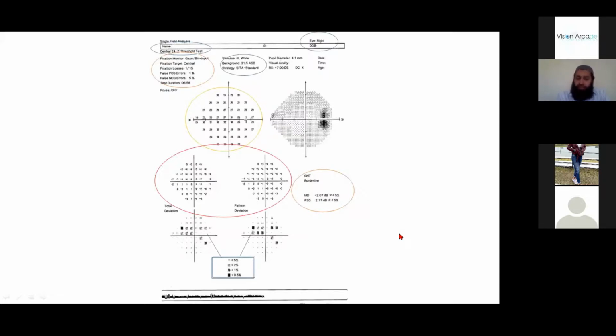And these numbers, 5%, 2%, 1%, and 0.5%, are basically a key for the squares displayed in these pictures. And this is the probability that less than 0.5% of the normal population would miss this spot, whereas this patient has missed it. So that means it's a problem.